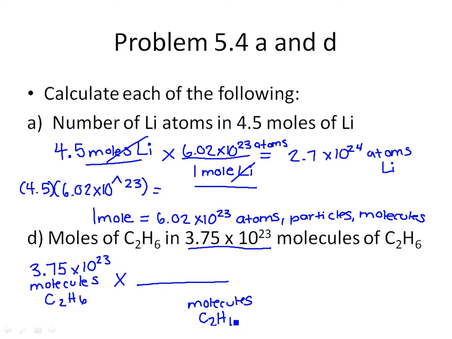We know that 6.02 times 10 to the 23rd atoms, particles, or molecules is equal to 1 mole. Since we're going from molecules to moles, here's our relationship. You may see it written as 6.022 or 6.02, either way is fine. So in 6.02 times 10 to the 23rd molecules, there is 1 mole of C2H6.